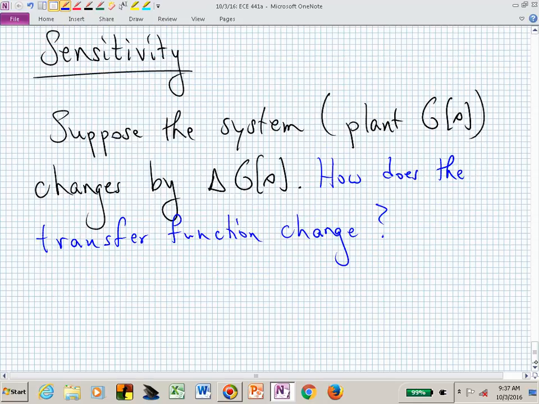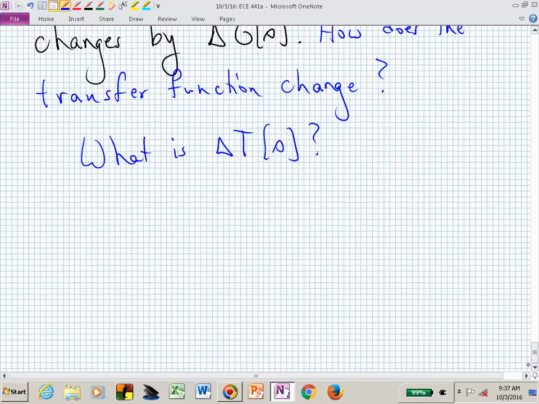Or we're asking, what is delta T of s? And what we want to do is not just talk about an absolute delta T and a delta G. It's actually better to normalize those changes relative to the plant and the transfer function.